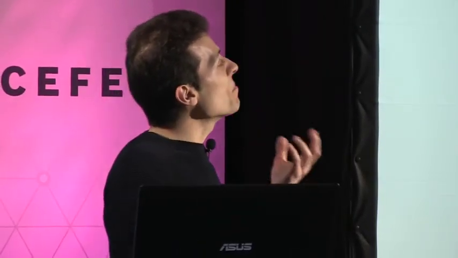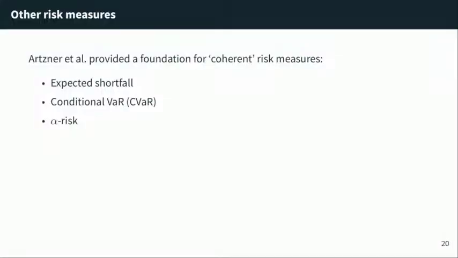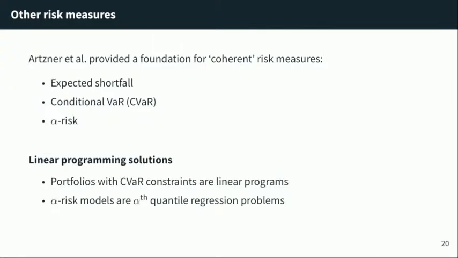So the idea then was to get some coherent so-called risk measures, and this is work by Artzner. And there's a big family of those: the expected shortfall, the conditional value at risk, or CVaR, or a generalization of this, which is called the alpha risk. But the interesting bit is that all of those can be solved quite elegantly as linear programs.